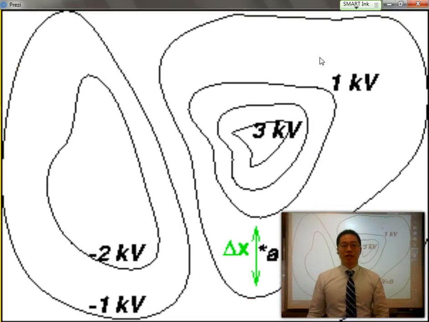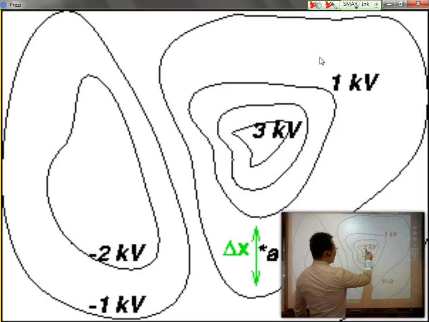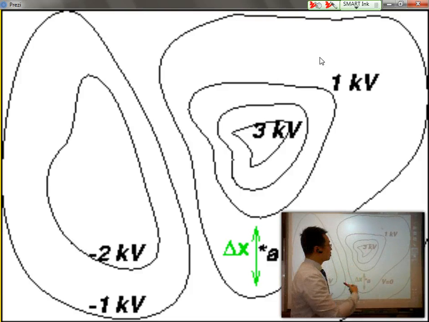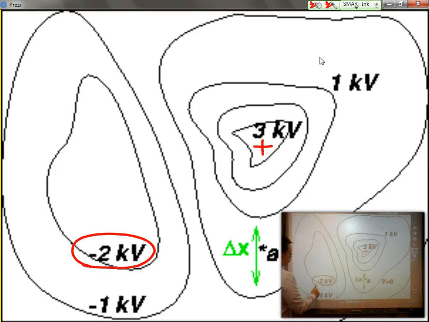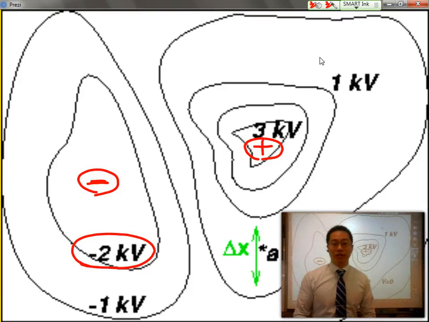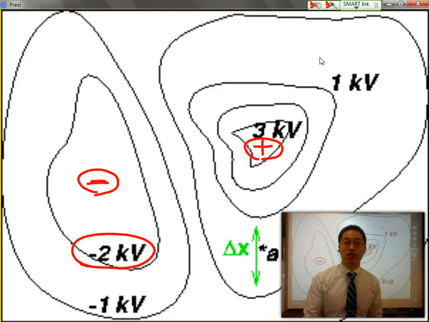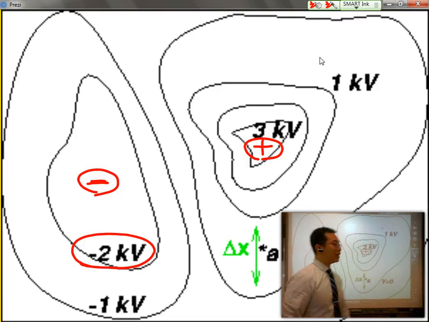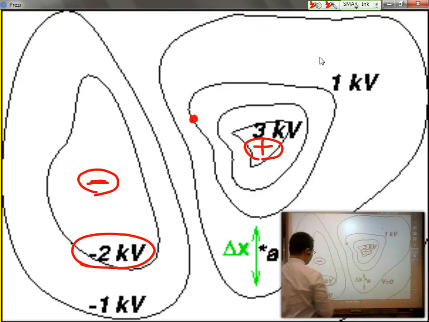So this is just another representation that you might see on the AP exam. We have equipotential lines. Obviously here, because we have a positive electric potential, we have a positive charge all the way in the center. And on the left, we have a negative electric potential, which means that we have some sort of negative charge over here. Whenever you're talking about some sort of delta V, some electric potential difference, that's literally talking about going from one contour line to another contour line.